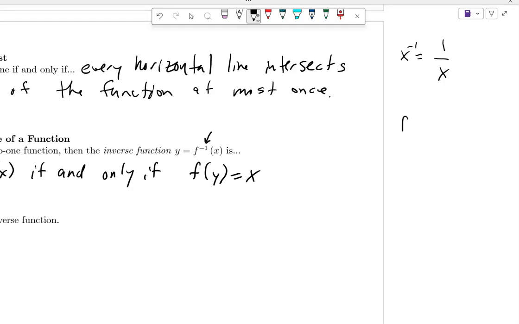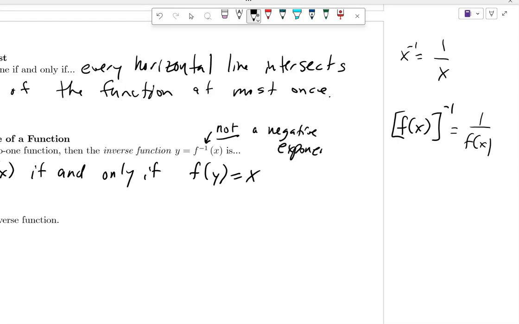If you want to take a function and flip it upside down, you'd have to put a whole exponent on the outside of it like that. This means flip the function over. So be careful with the notation. This is not a negative exponent. Very important. That does not mean flip the function upside down. It means find the inverse function.